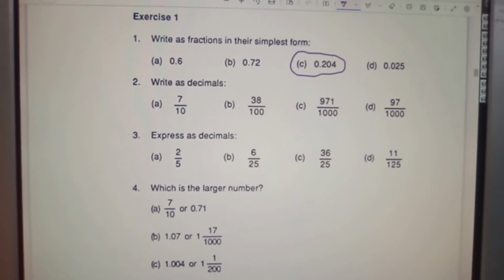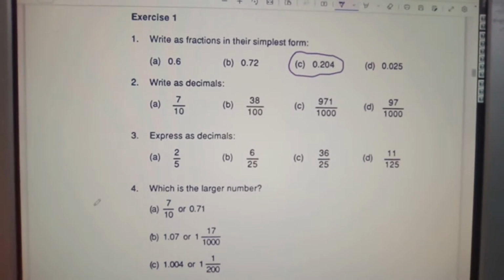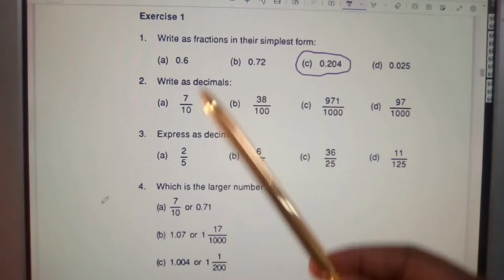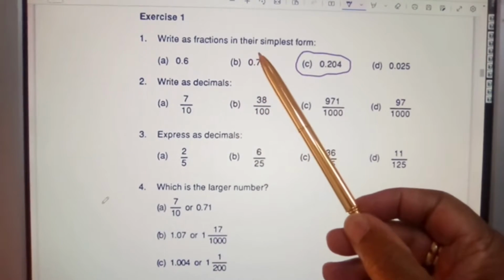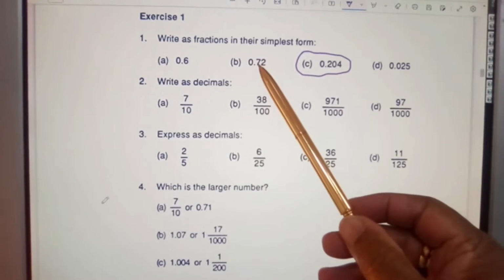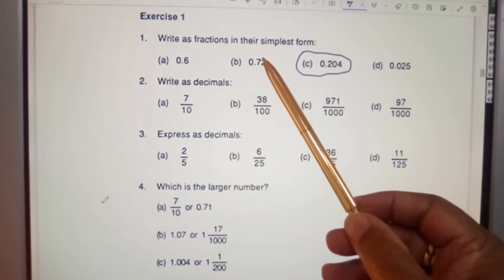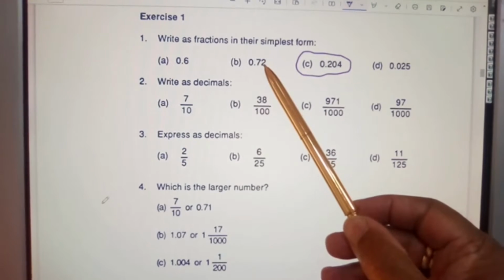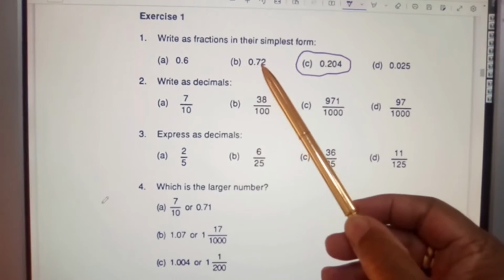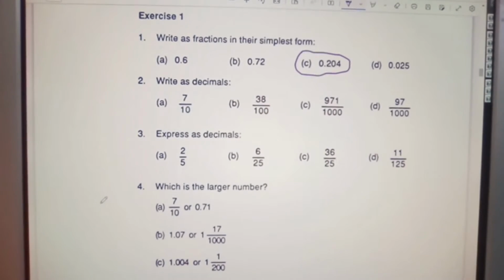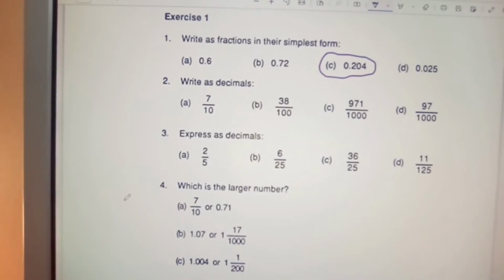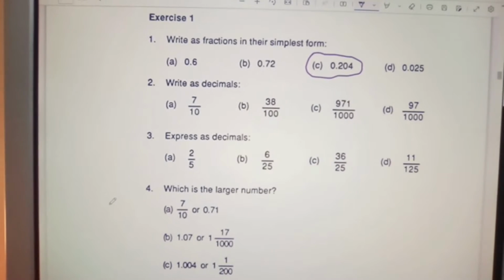Now again, you remember when we spoke in the last session, we mentioned that this was over 10 and this would be over 100. So 0.72 would actually be over 100. And we worked it out for you on the side. Now, the similar principle is applicable here.